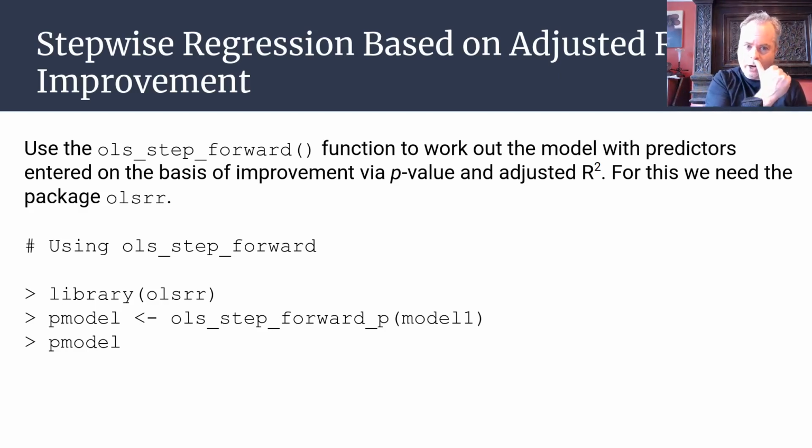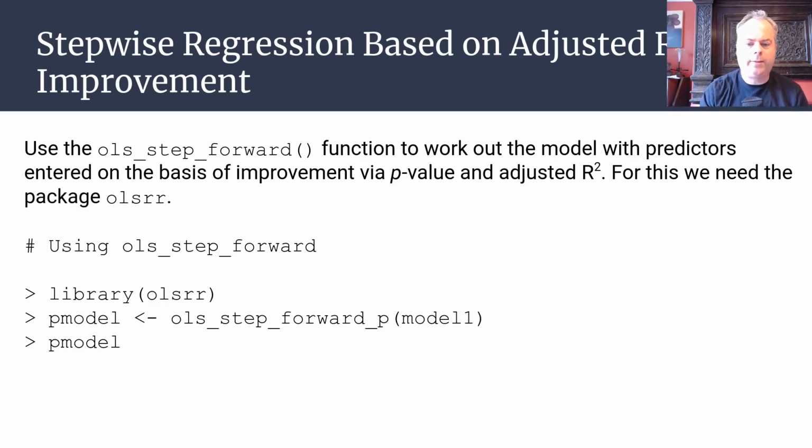We can use the ols_step_forward function from the olsrr package to do that, where we start with a model and it iterates through and works out the best model on the basis of, say, p-value and adjusted R-squared improvement.